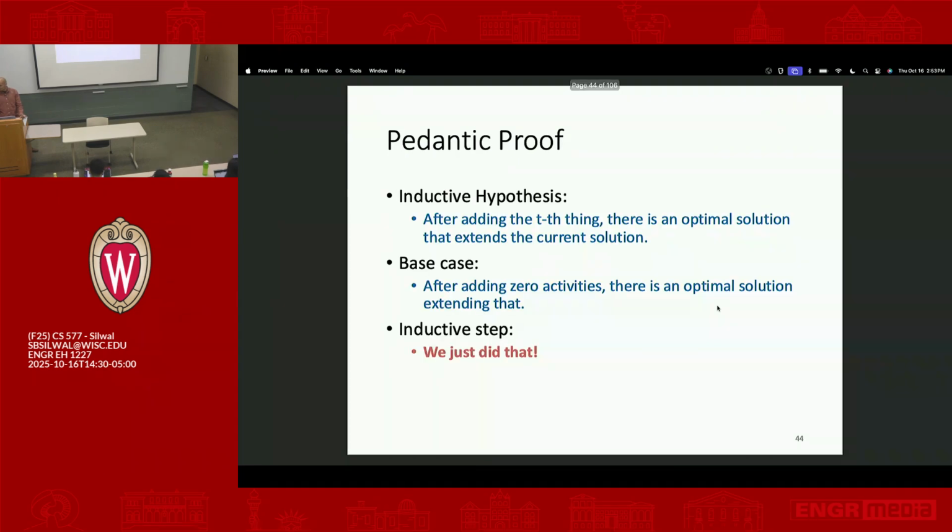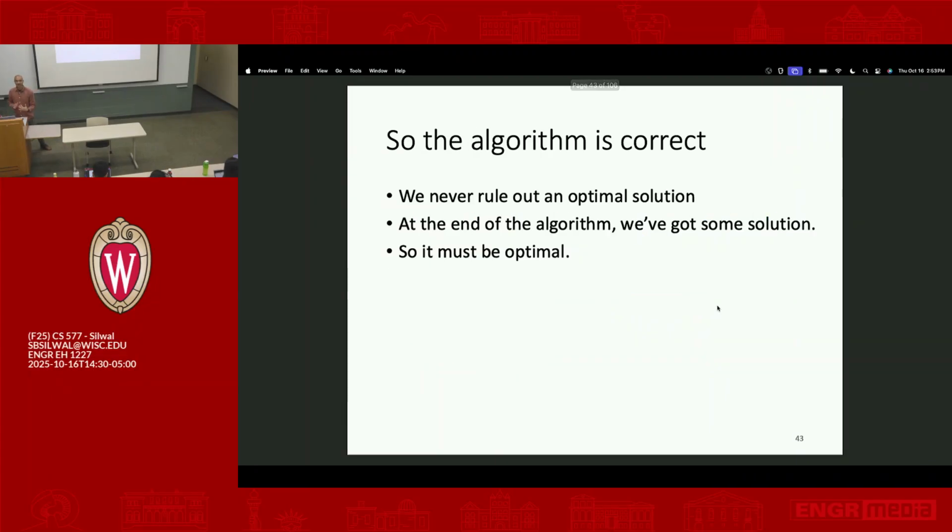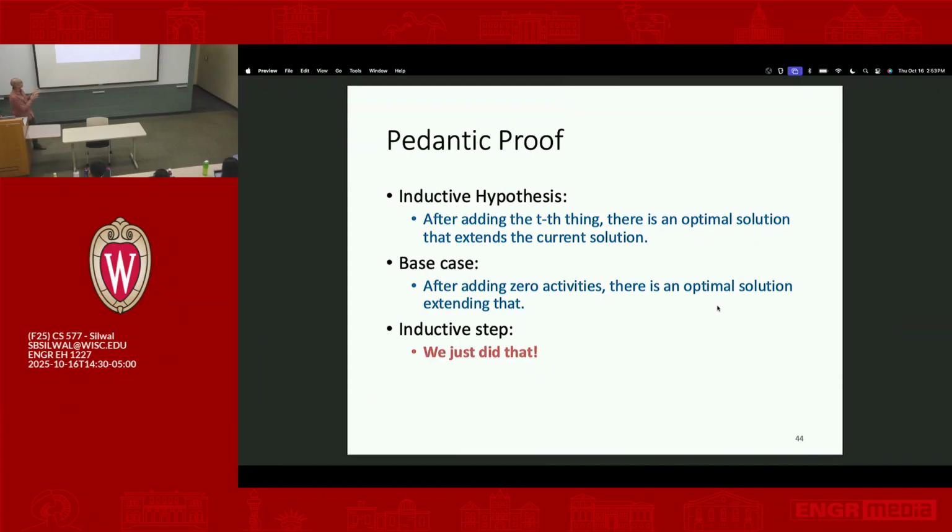Questions? If you want to be super detailed, it's pretty obvious why this is true, since I keep tracking the optimal. But if you want to write things formally, you have to have a base case, induction hypothesis, and then proof by induction.